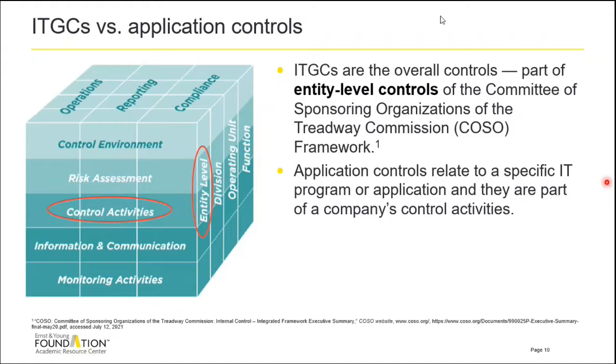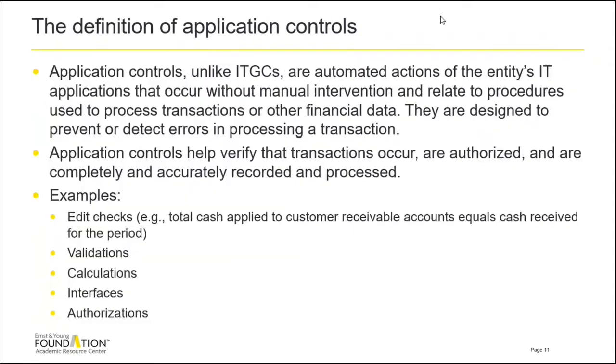So ITGCs are the overall controls, which are part of entity-level controls of the COSO framework. So application controls relate to specific IT program or application, and they are part of the company's control activities.